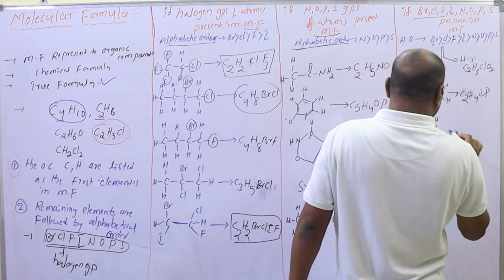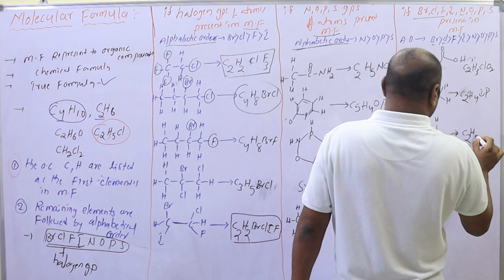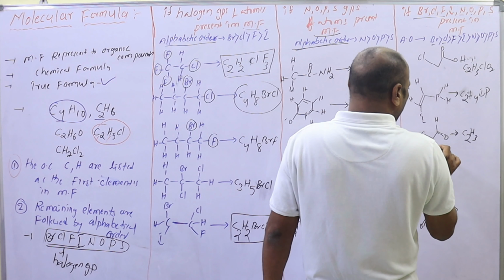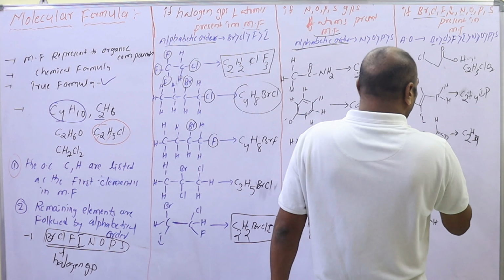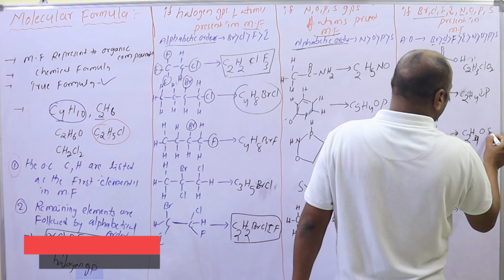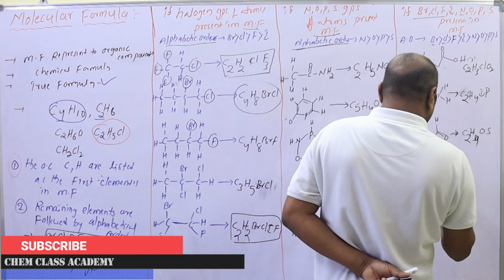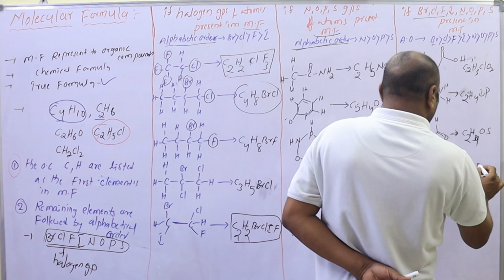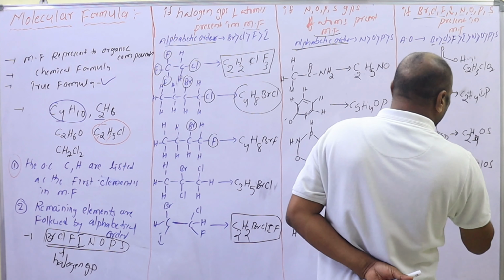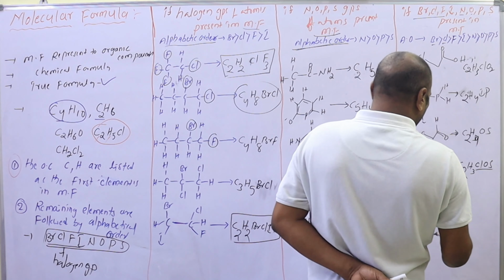And the next group is C2H3, and H4, and the remaining groups present are oxygen and sulfur. And in this, C2H3, chlorine, oxygen, sulfur. The remaining groups are followed by alphabetical order.